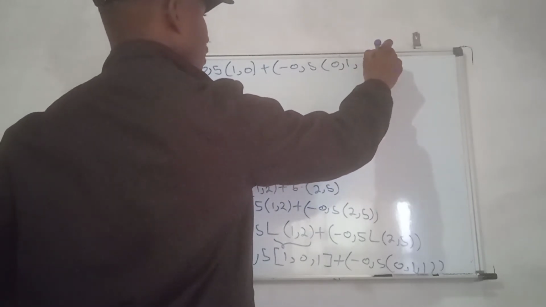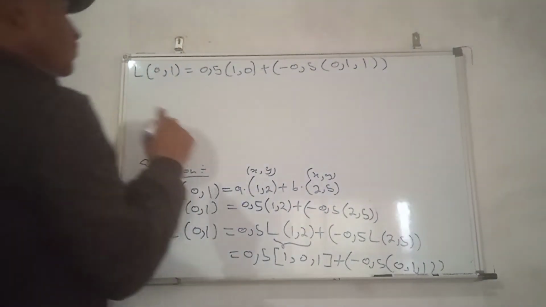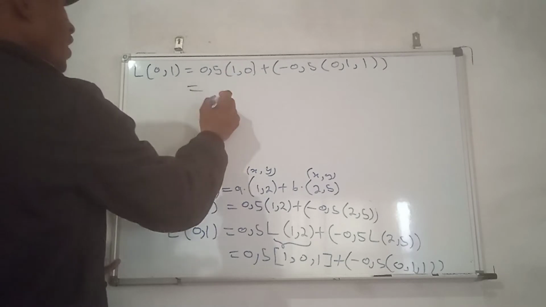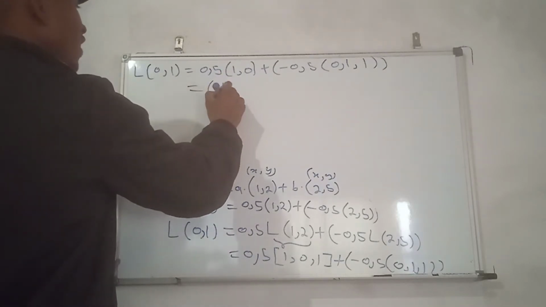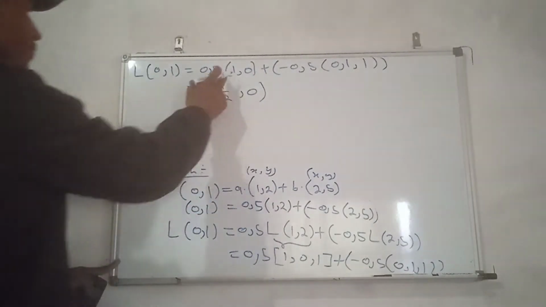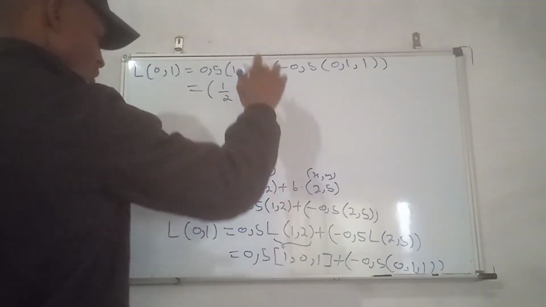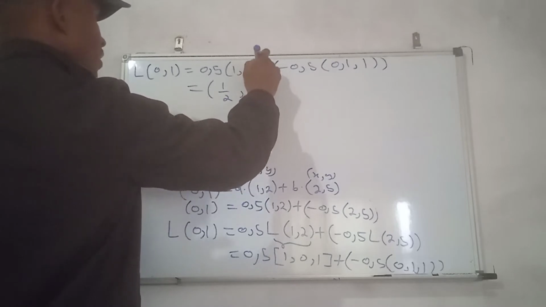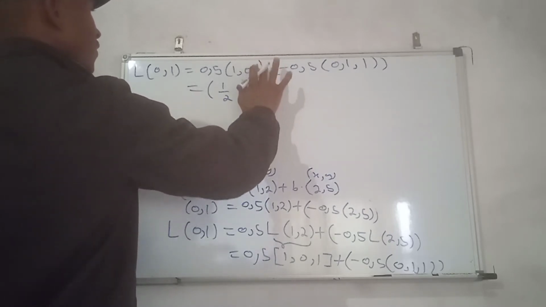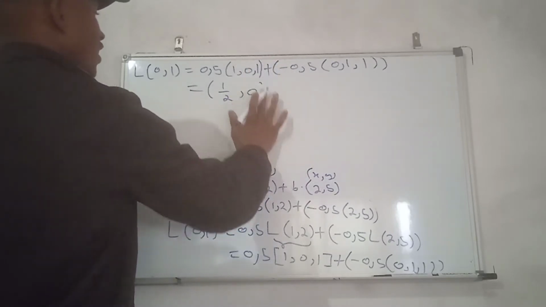Let us not forget. If I multiply through the brackets, I'm going to have 1 over 2, and here I'm going to have 0, and then 1 over 2.